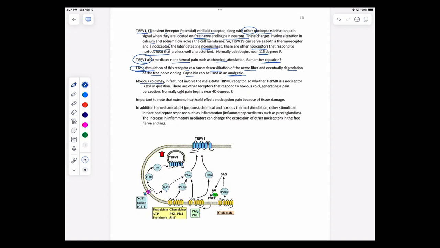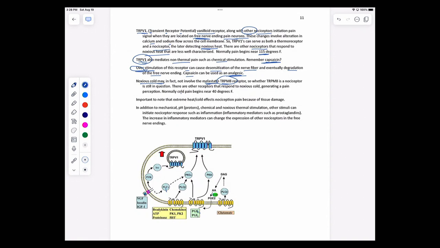Noxious cold is a little different in the sense that, remember we talked about the TRPM8, and remember that's a melastatin category of receptor, not a vanilloid. The TRPM8 is responsive to cold, so if you're touching something cold, that is going to cause that receptor to open up, again causing the neurological pathway for perception of cold.